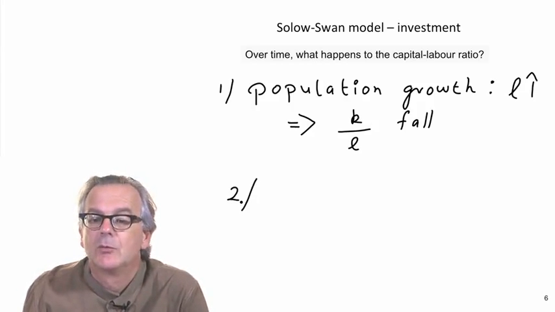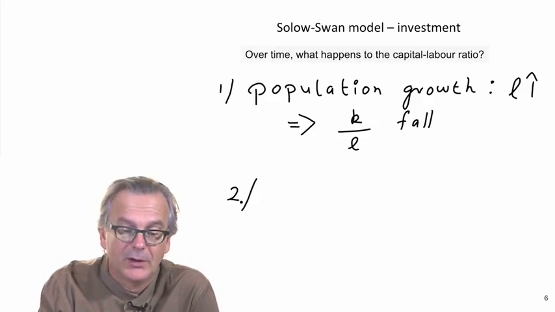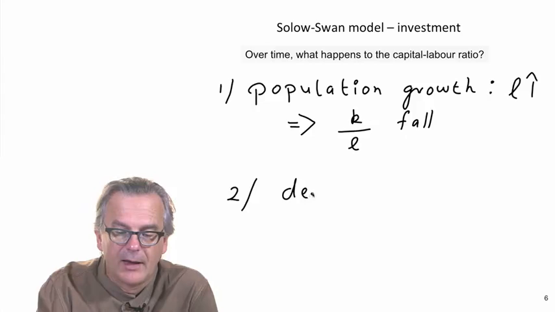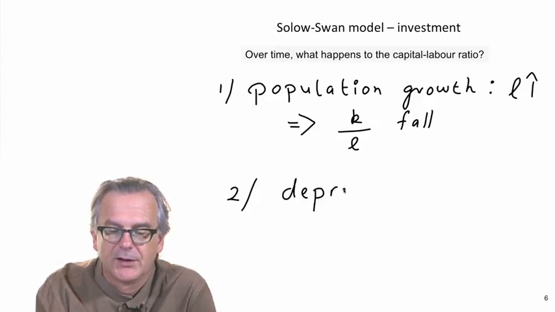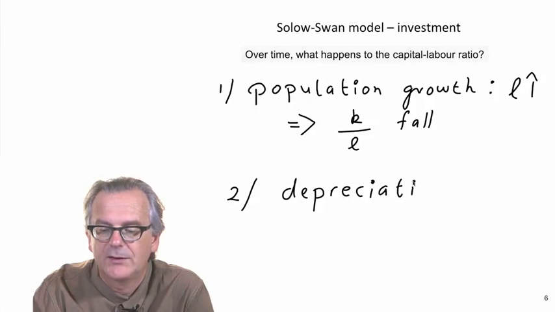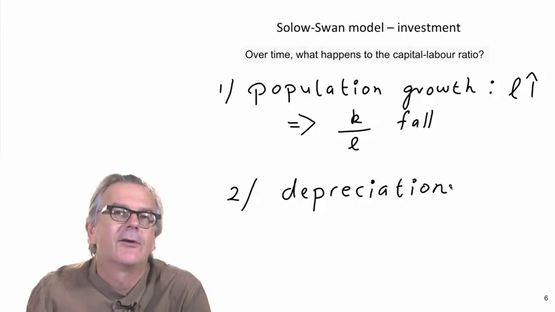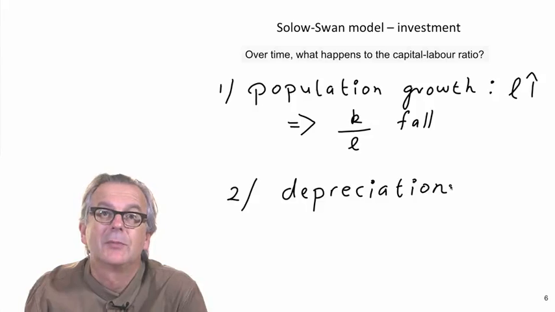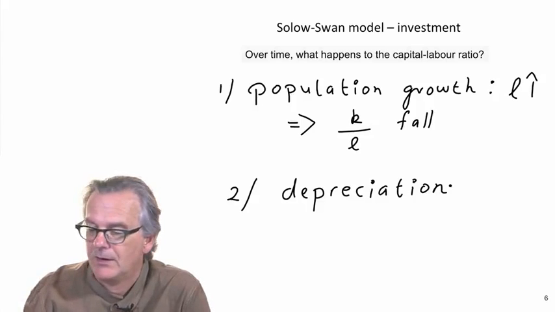There is a second factor at work, which over time will also lead to a fall in the capital-labour ratio, and this is depreciation. Now, by depreciation, what I'm referring to is the tendency for the capital stock to wear out through time simply because of use.